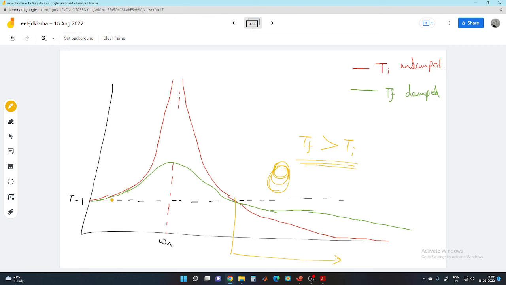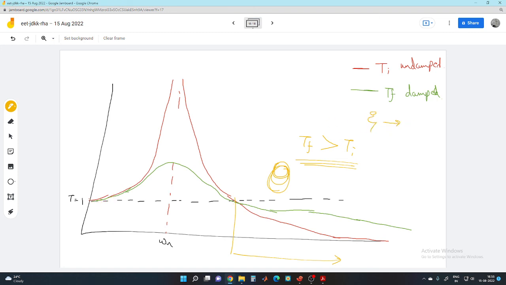And if we are in this region, transmissibility decreases before this point. And if we keep on adding damping, like for infinite damping, whatever the structure is given disturbance, the damper just does not allow it to dissipate energy. So it behaves more like a rigid case.